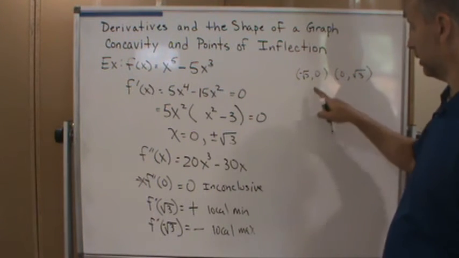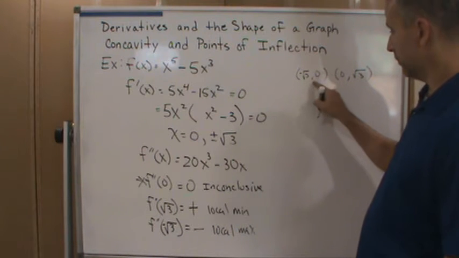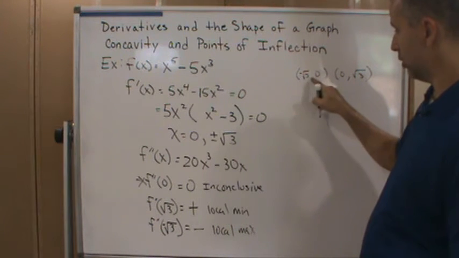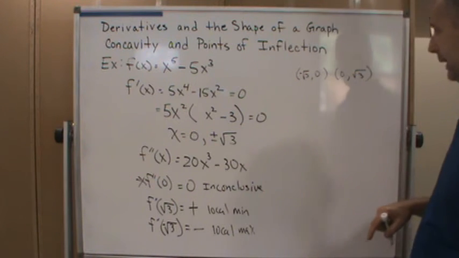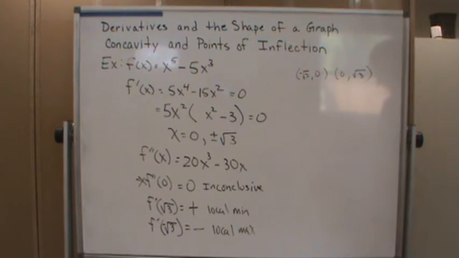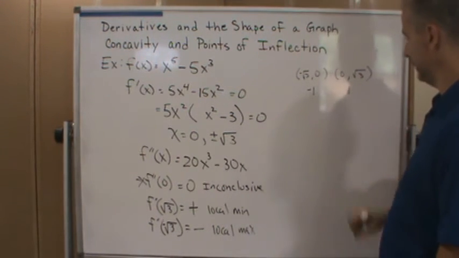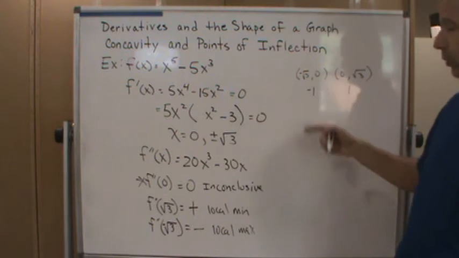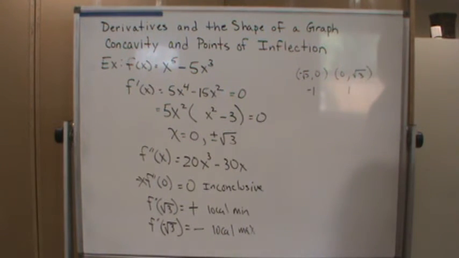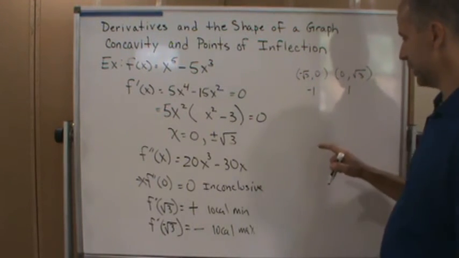So if we look at 0 to the square root of 3, what are we going to have? Well, let's choose negative 1 here, and let's choose 1 here, because the square root of 3 is a little more than 1. It's almost closer to 2. So let's use negative 1 and 1 as our test points.